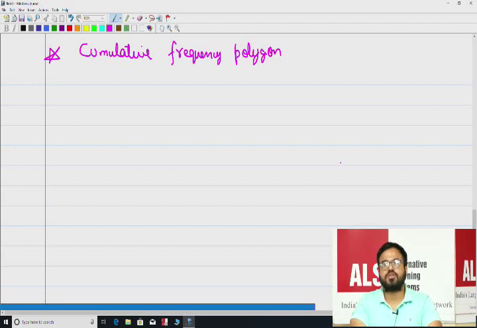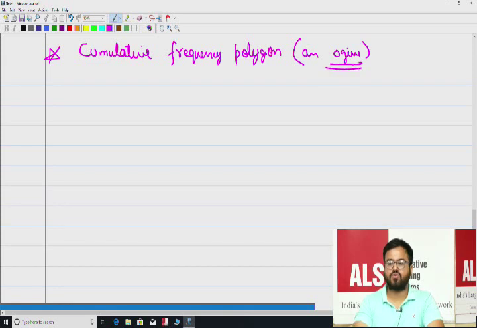So you know what cumulative frequency is. Adding the successive frequencies will give us cumulative frequency. So right now we have to draw the cumulative frequency polygon, and this is known as an ogive. The spelling is O-G-I-V-E. It is pronounced as ogive.